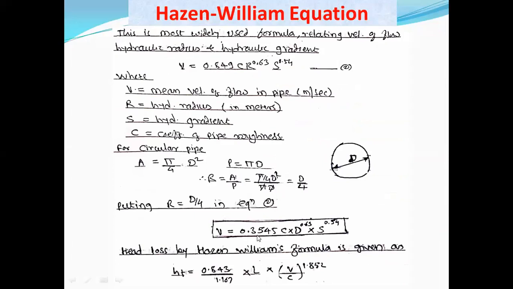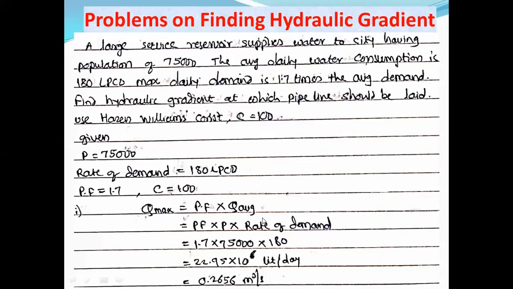V is equal to 0.3545. Now in this particular problem, tell me whether the diameter of the pipe is given. Is it given? No, sir. No. It means here we have to find out the diameter of the pipe.